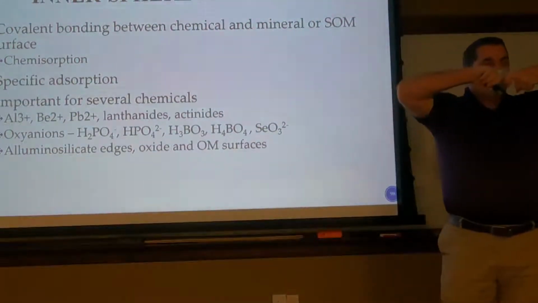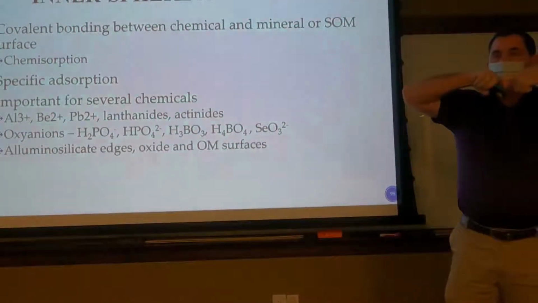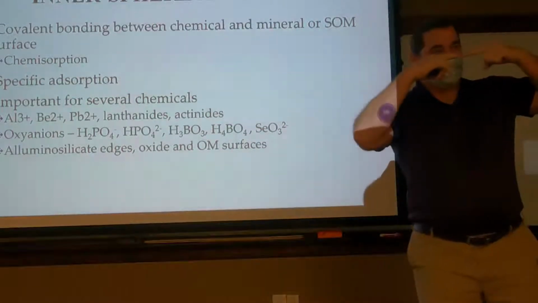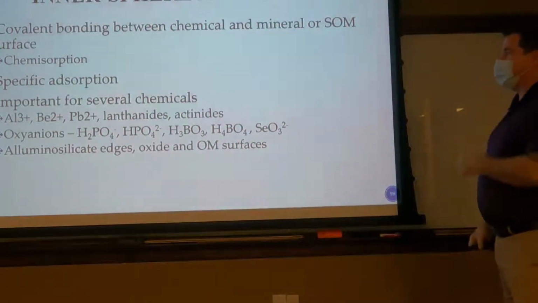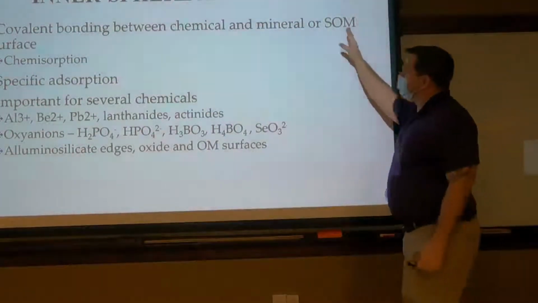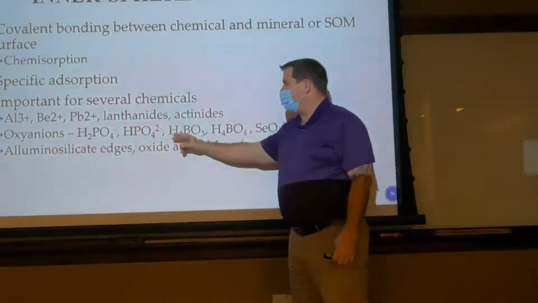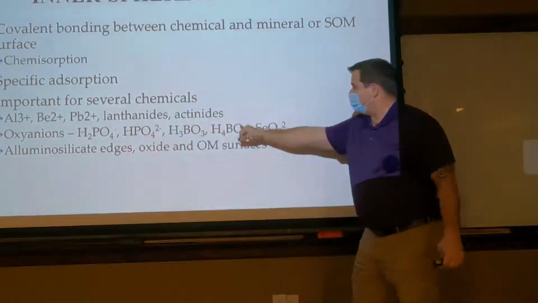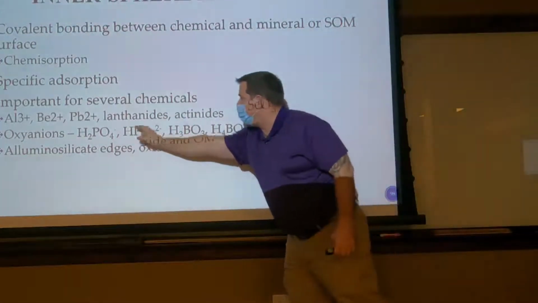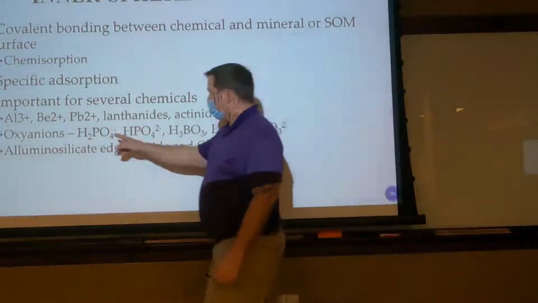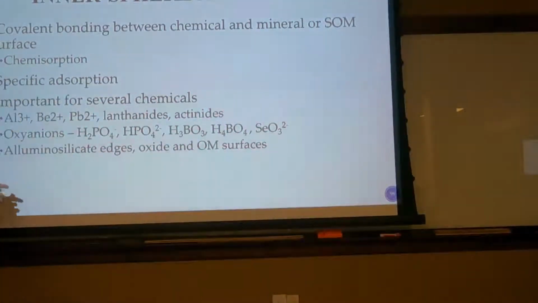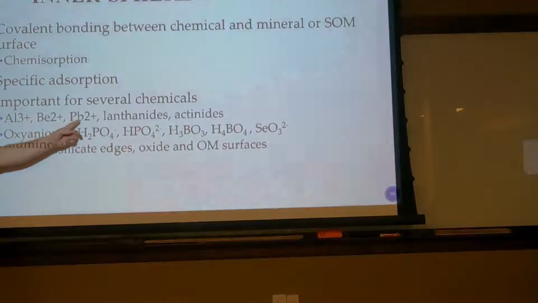Inner sphere, that covalent bonding where those outer orbitals share an electron, and then they're finally balanced. When we think of inner sphere, we're going to think mostly of our anions or oxyanions that have some oxygen on there. You might not mess with beryllium, but you might encounter lead somewhere.